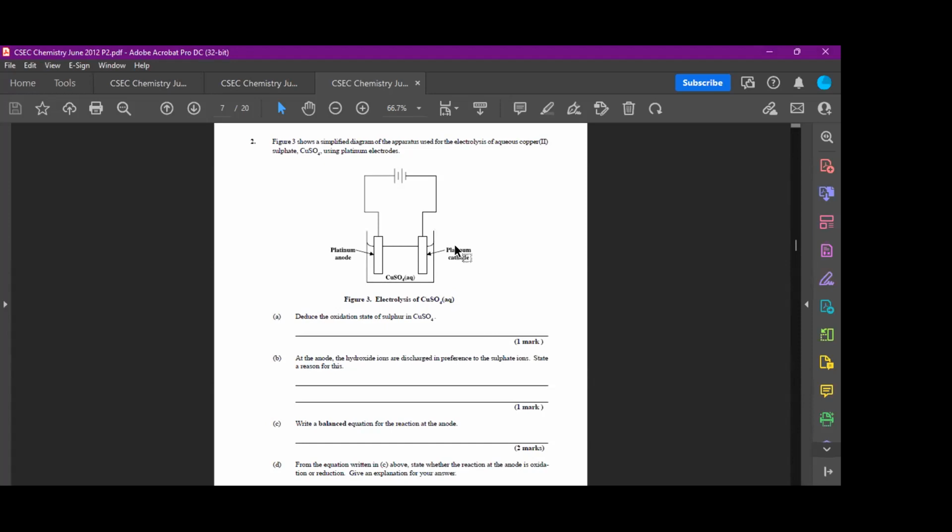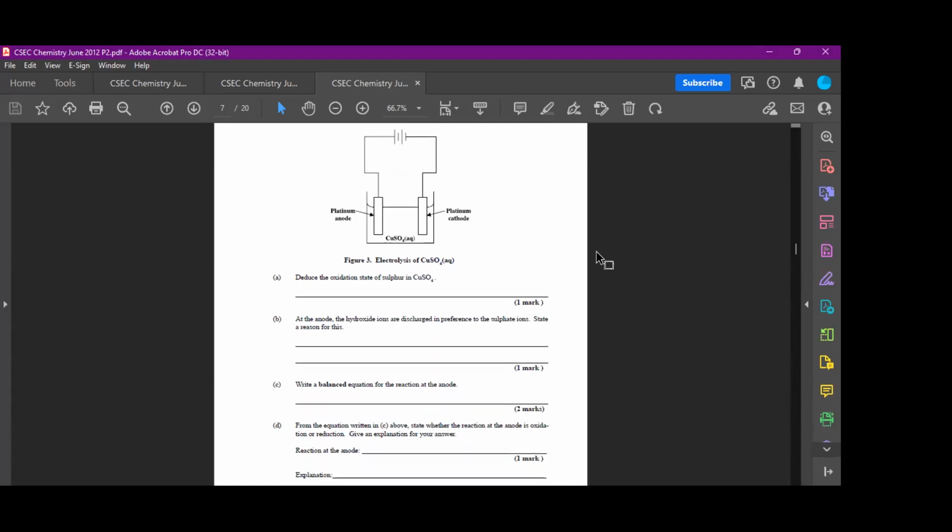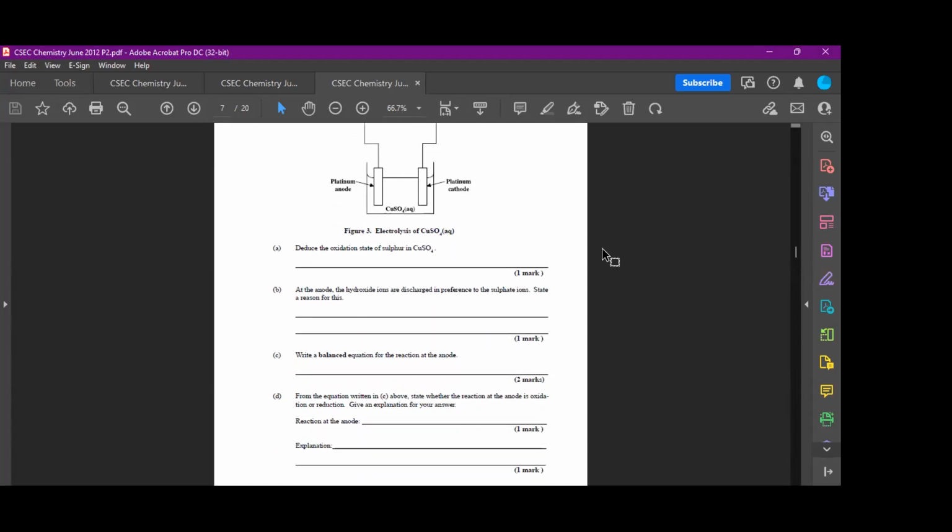No, we just said that hydroxide will be discharged over sulfate, so no. 4OH. 4OH, go ahead. 4OH aqueous produces 2H2O liquid plus O2 liquid plus 4 electrons.